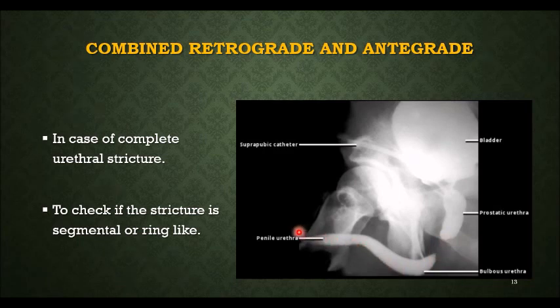For the retrograde study, you will balloon the Foley catheter in the fossa navicularis, and you will push the contrast medium slowly. And at this level, you can see that there is an area of blockage. At this time, as you have started with retrograde, you cannot know whether it is a ring-like or segmental stricture.